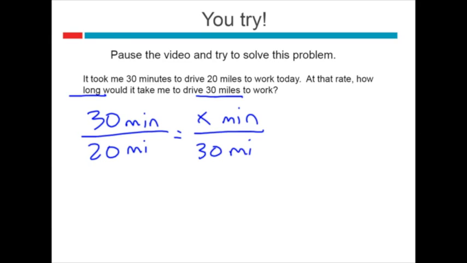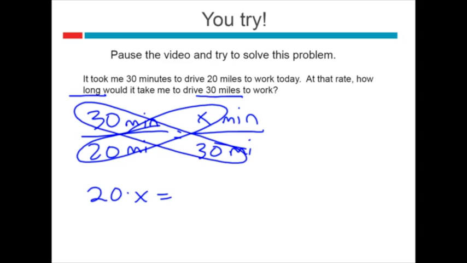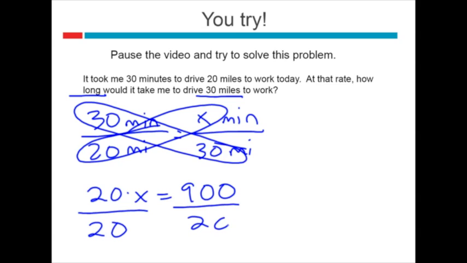All right, and now we can go through and solve this proportion just like we had done before. We're going to multiply the diagonals. 20 times x equals 30 times 30, which turns out to be 900. Then we'll divide both sides by the number next to the x, which is the 20, and we get x equals 900 divided by 20.